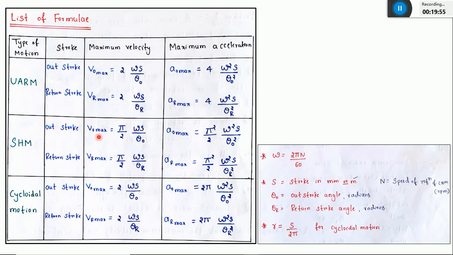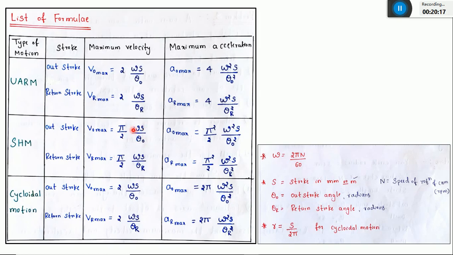This is the maximum velocity. You can zoom your screen and write down this formula. You can see the suffix O max. It means the maximum velocity of the follower during outstroke, that is pi by 2 omega s by theta naught.